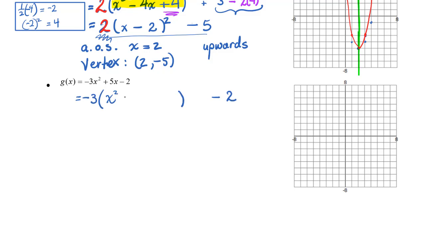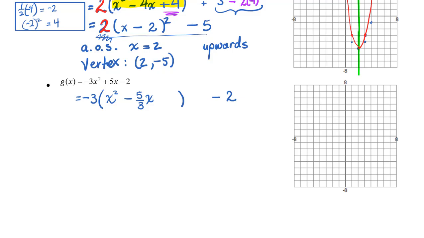So I'll have an x squared minus 5/3 x, and then there's this blank spot for the value that will make this a perfect square trinomial, and then the minus 2 on the outside.